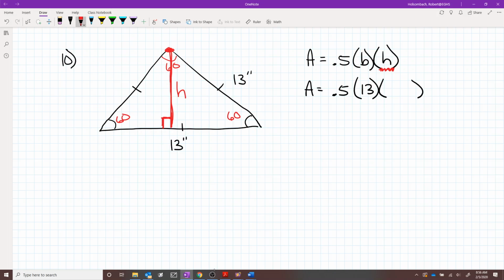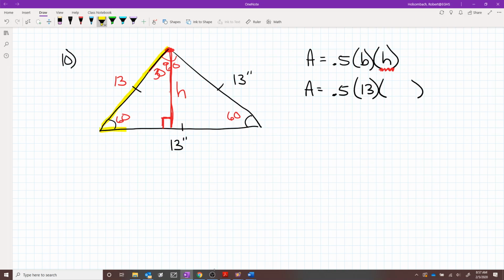What that dimension represents is the long leg of a now 30, 60, 90 right triangle. This 30, 60, 90 right triangle has a hypotenuse that's 13. So here's the triangle we're looking at, this yellow one.